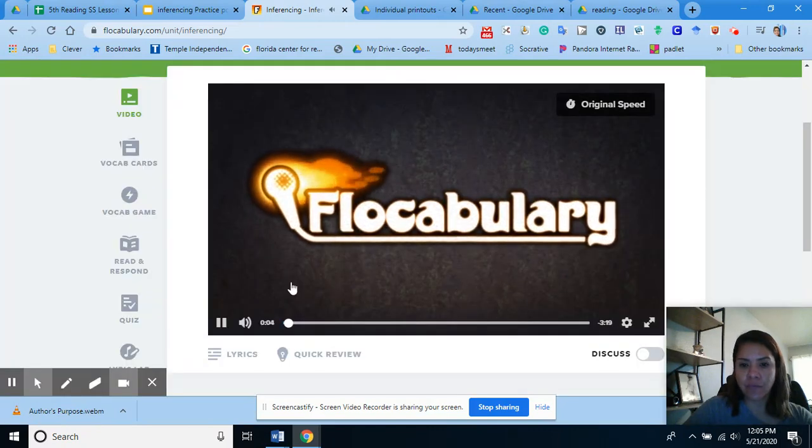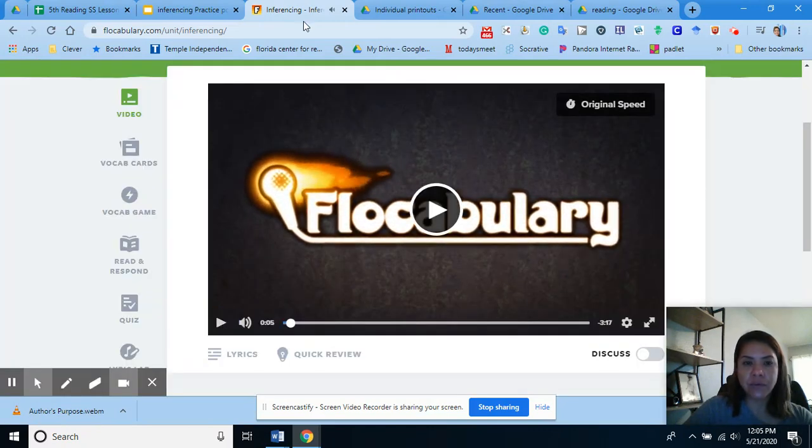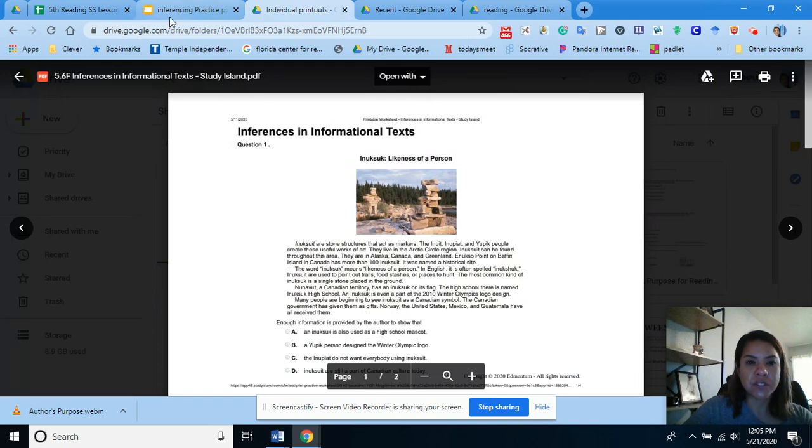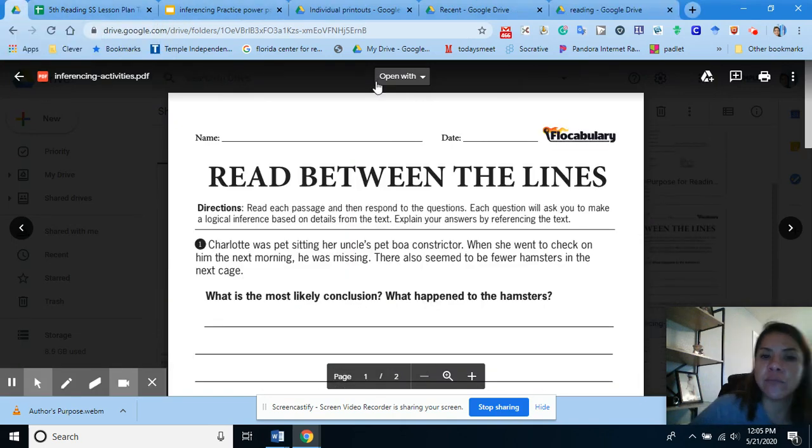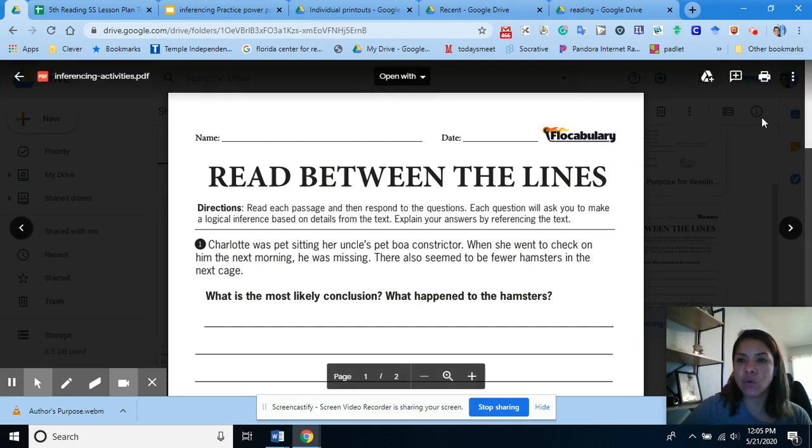Okay. So when you are inferencing, guys, you are technically reading between the lines. You are using your text evidence and you are using your own schema and you are figuring out what the author is trying to tell you.